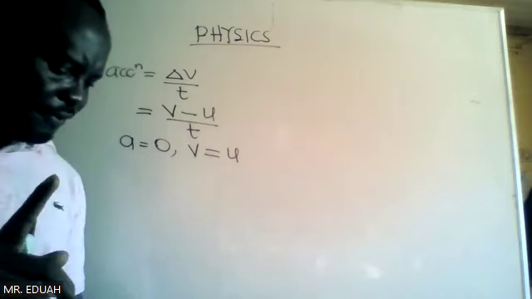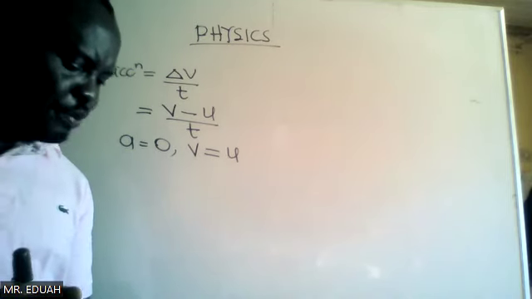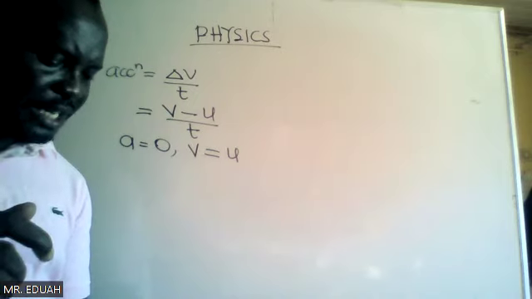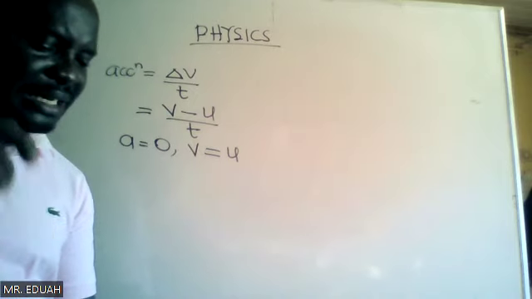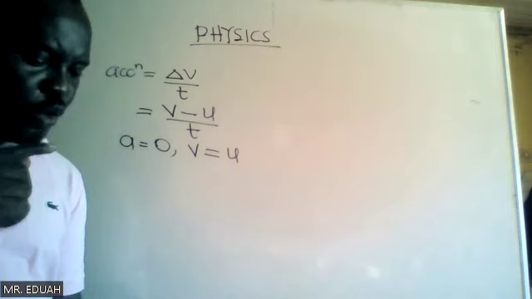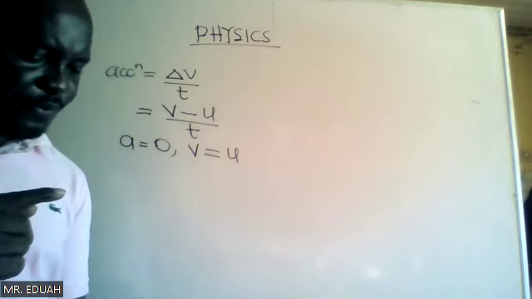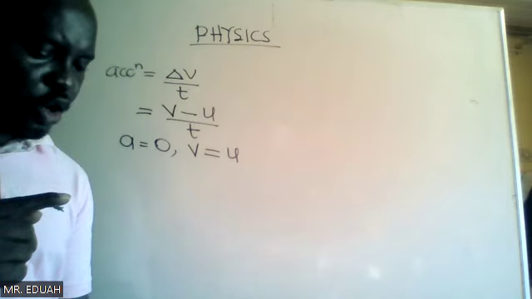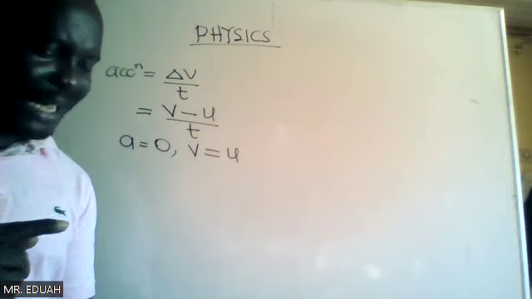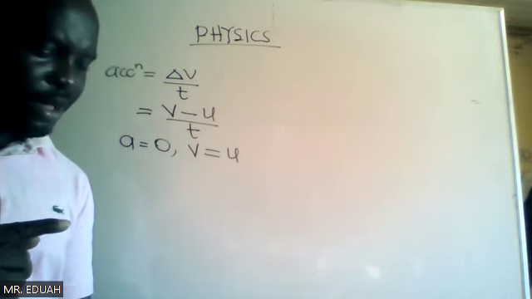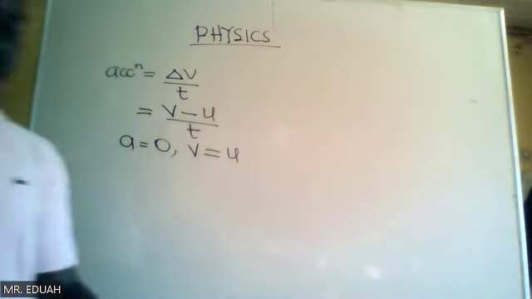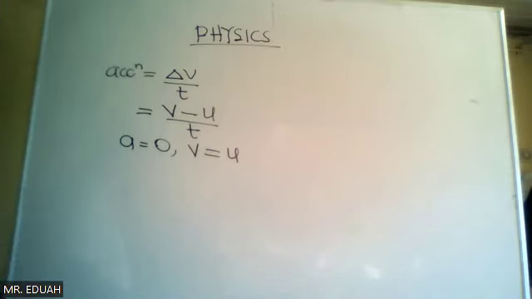Which graph represents an object moving at a constant speed for the entire time interval? I take it again. Which graph represents an object moving at a constant speed for the entire time interval? Let's look at the graphs individually.